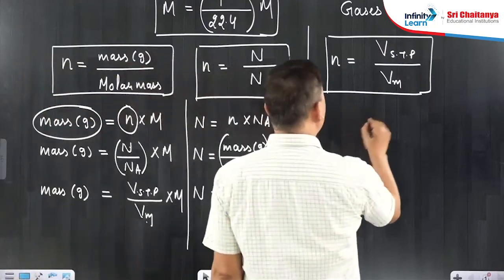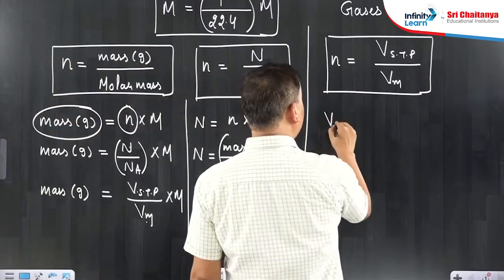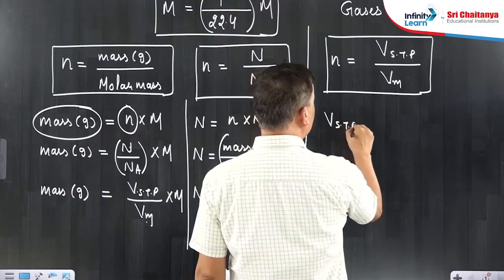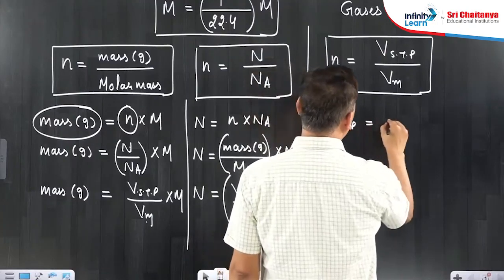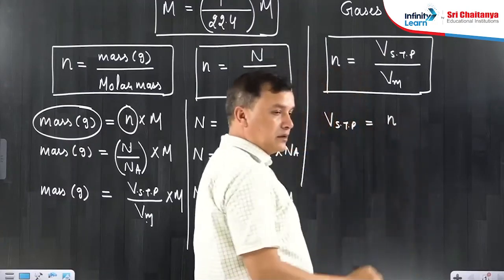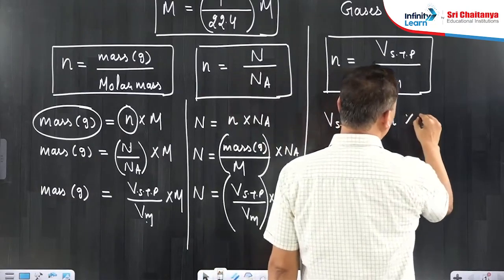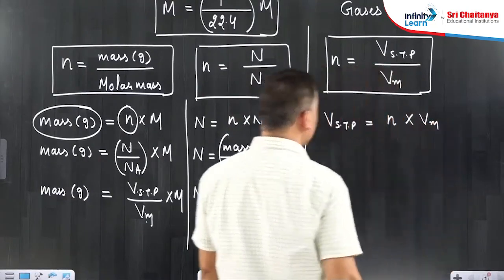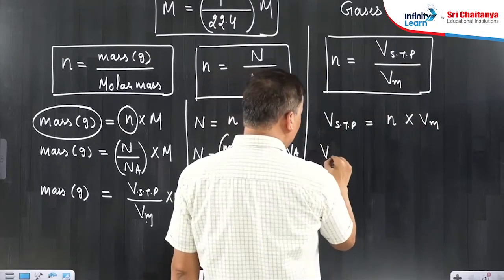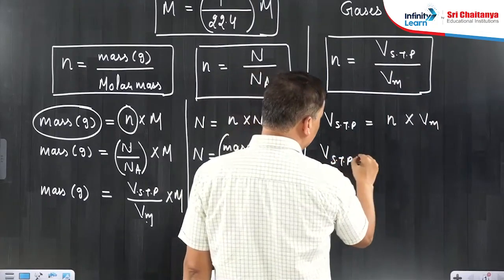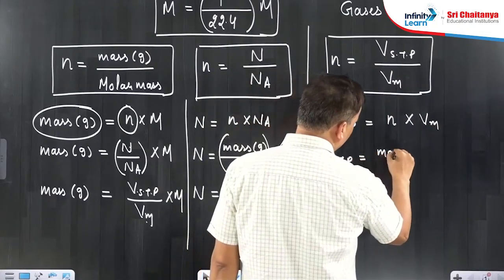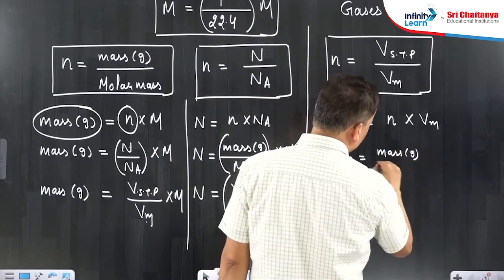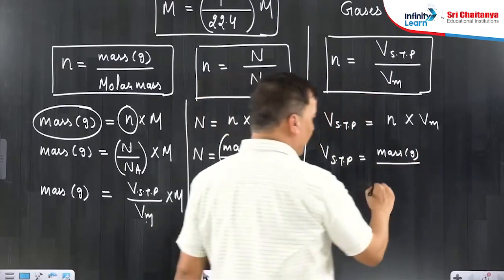Here, we can find out the volume of a gas at the STP. That is equal to what? Here is number of moles into what? Into molar volume. Here volume of gas at the STP is from mass in grams upon what? Upon molar mass.